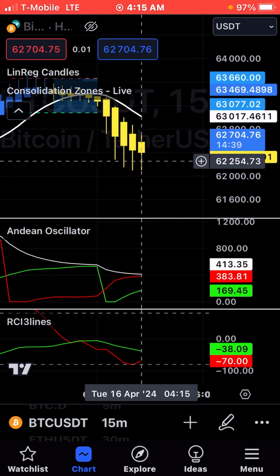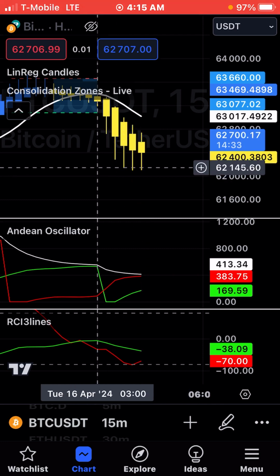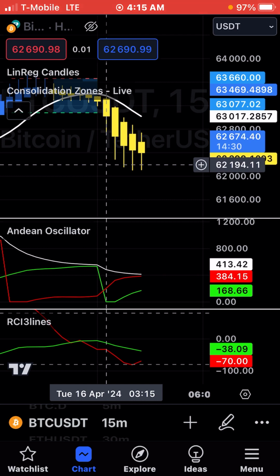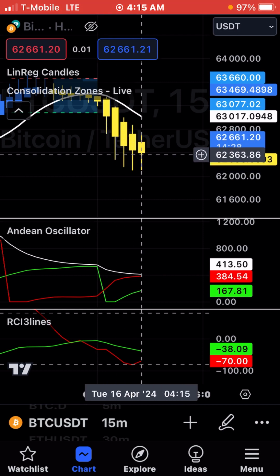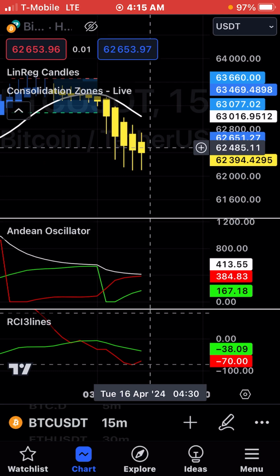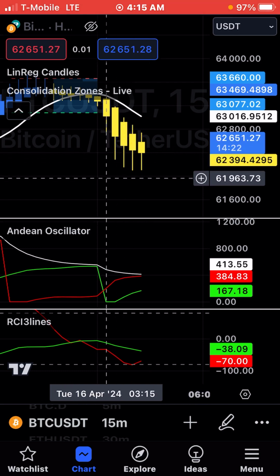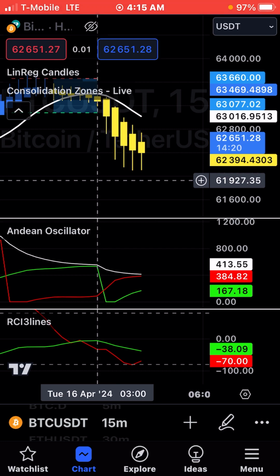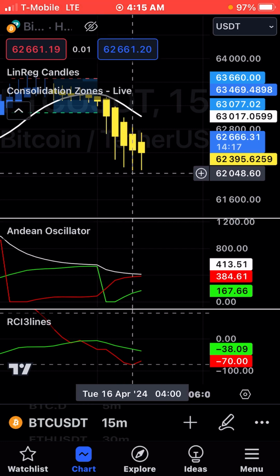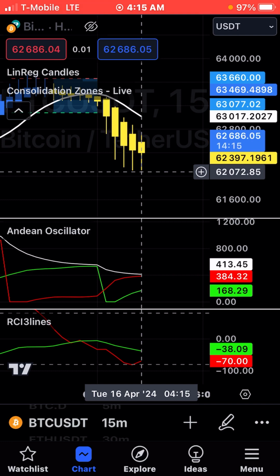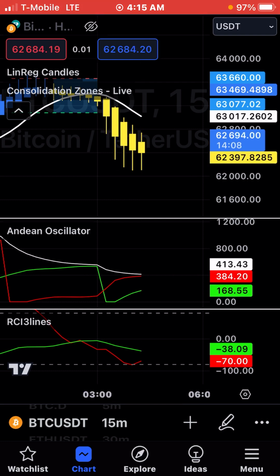Whatever direction it's going, since we know it's going down, you want to see that red line going through the green line. The red line has to go through the green line, or the red line has to cross the signal line. Those are moments of getting in trades. The red line has got to cross the green line in an uptrend, or it has to cross the signal line, because that will be a confirmed downtrend. And we can see that that's happening right now.